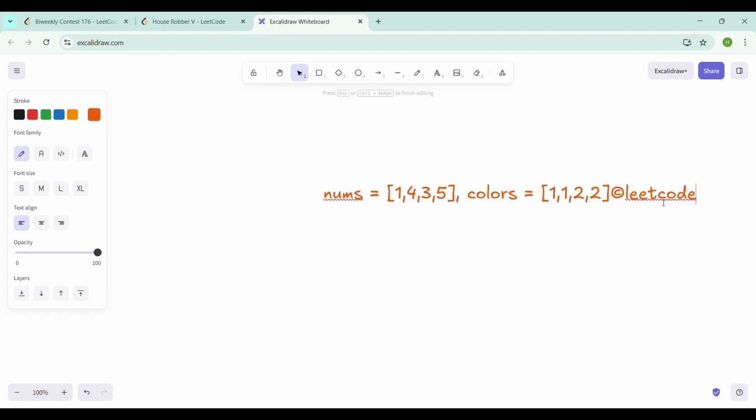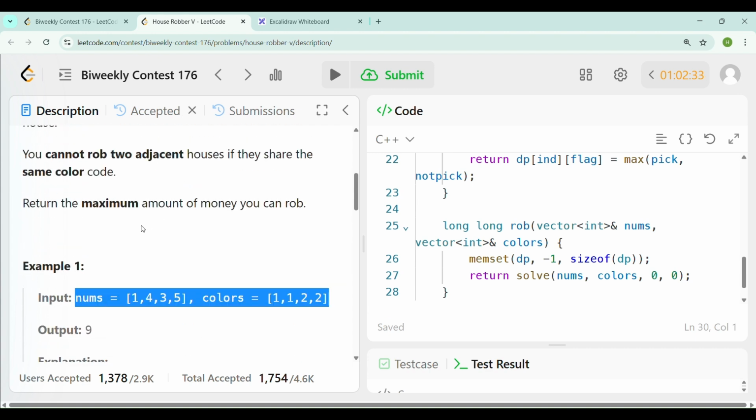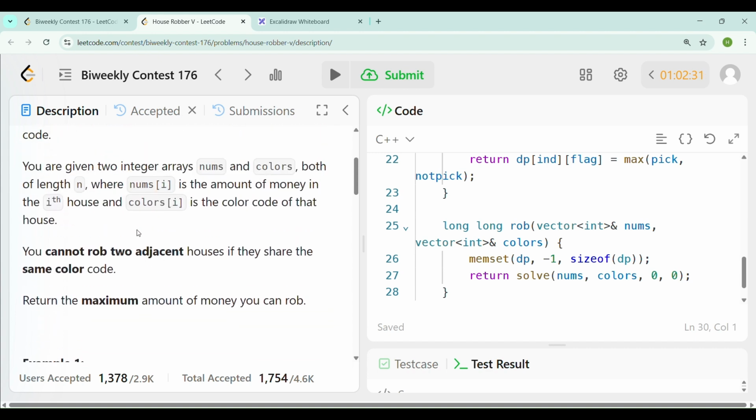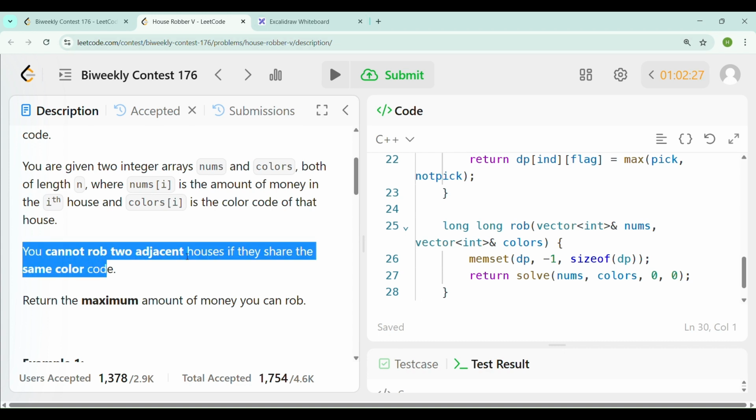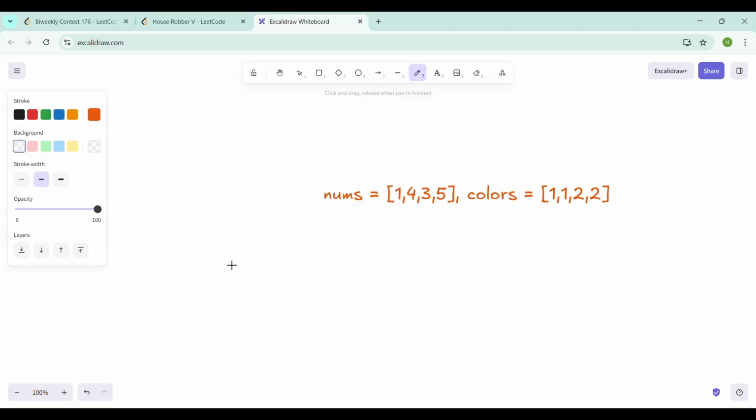So what does this mean? First you understand the problem was written in a bit vague manner. I think they could have written it in a better way, but what they mean by this line is very important, that you cannot rob two adjacent houses if they share the same color code, right?